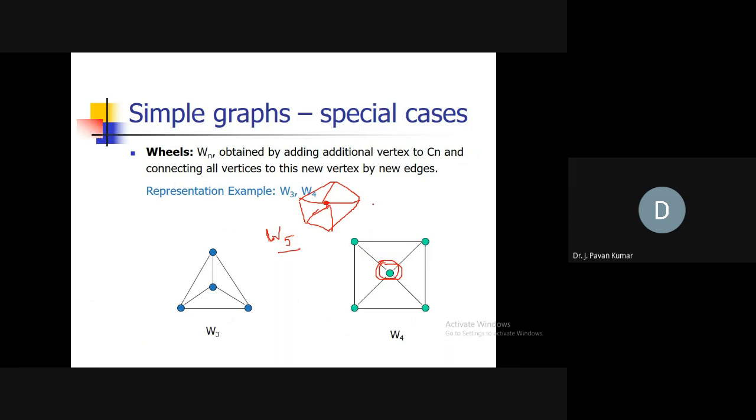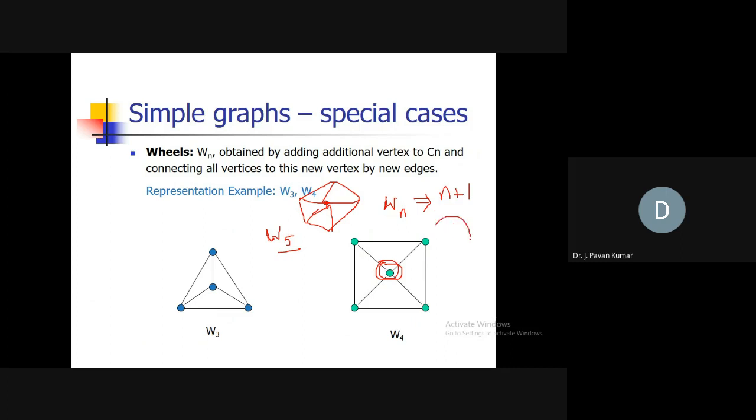Now Wn, how many vertices will we have? Wn, total number of vertices is n plus 1. How many edges will we have? Just consider the outer cycle.